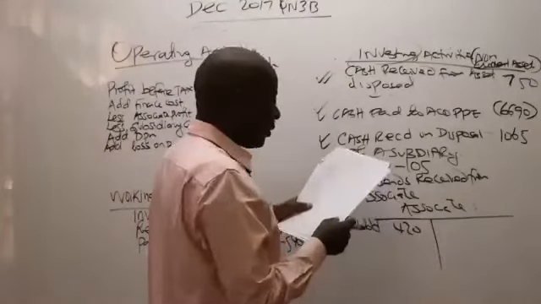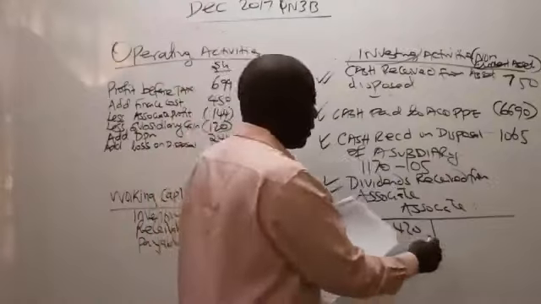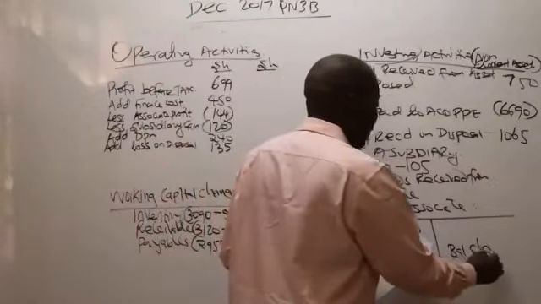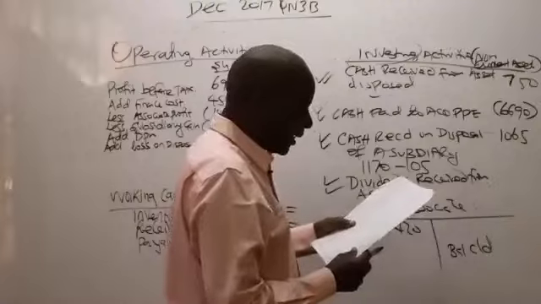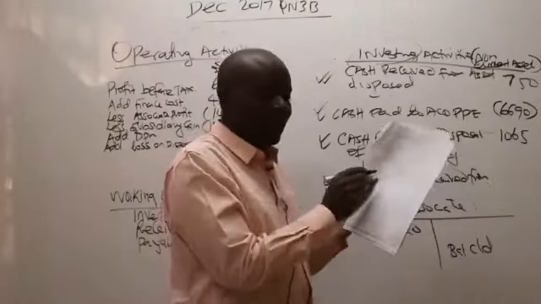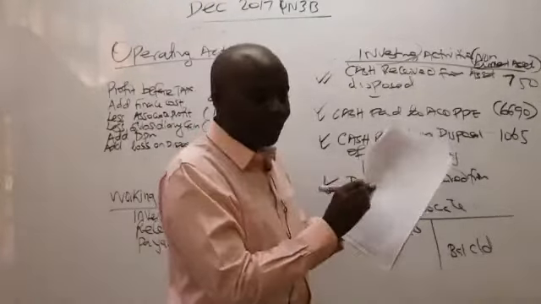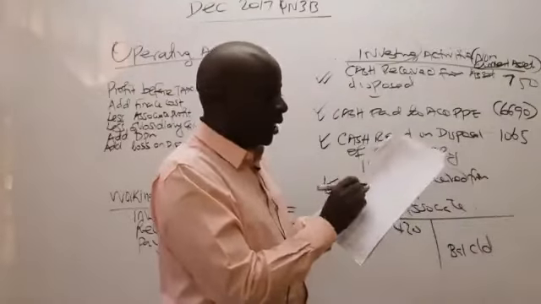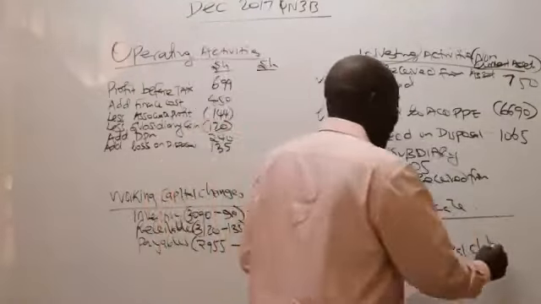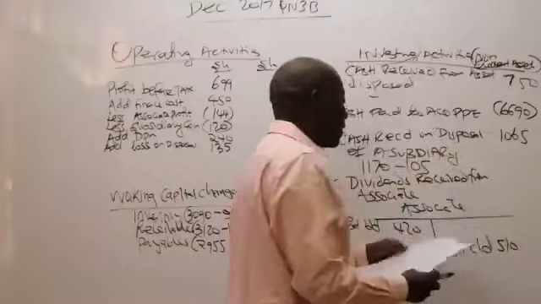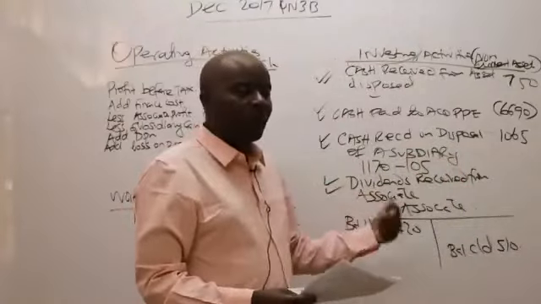And then, ladies and gentlemen, we have the balance carried down in 2017 for the associate. For investment in associate, the balance carried down is 510. And then, of course, this is equity. Remember, it's equity accounting.